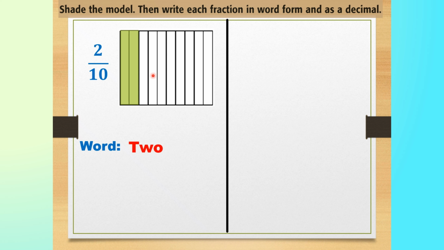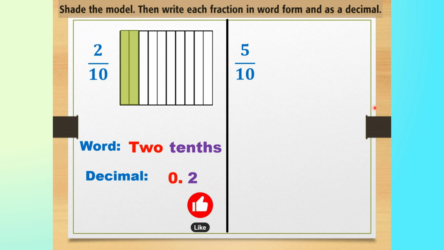The grid is called tenth. So it's 2 tenths. Now as decimal, it's 0.2. 0.2 because the denominator is 10. And you have 1 zero in 10. It means it should have 1 decimal place.